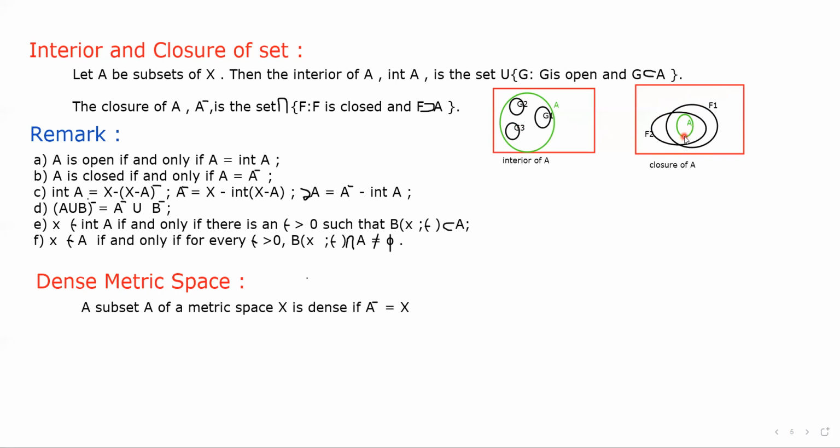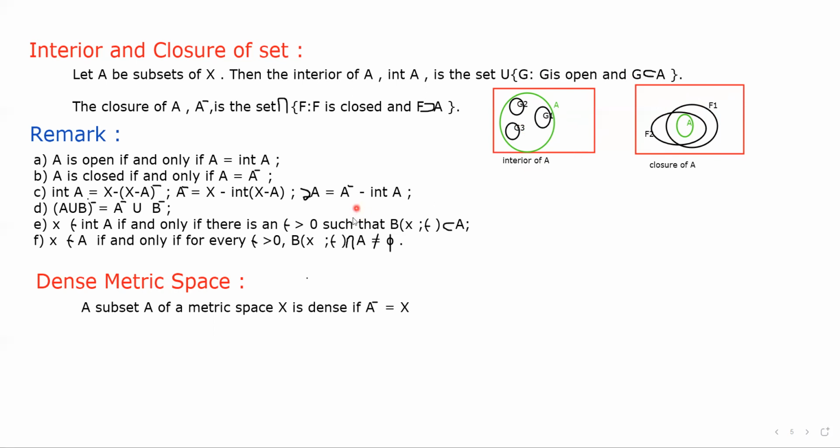So we can say that the closure of A equals the intersection of F1 and F2, and the interior of A equals the union of G1, G2 and G3. This is all about interior and closure of sets.